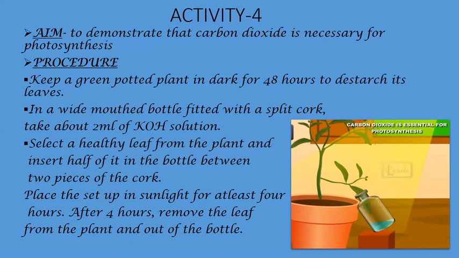Select a healthy leaf from the plant and insert half of it in the bottle between two pieces of the cork. Place the setup in sunlight for at least 4 hours. After 4 hours, remove the leaf from the plant and out of the bottle.